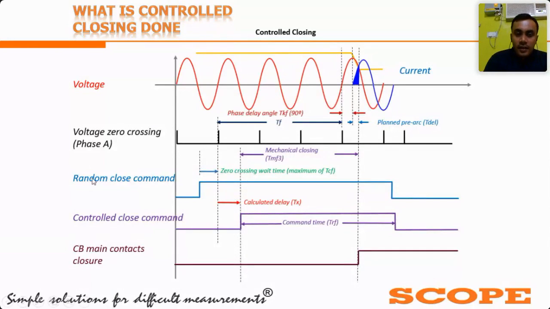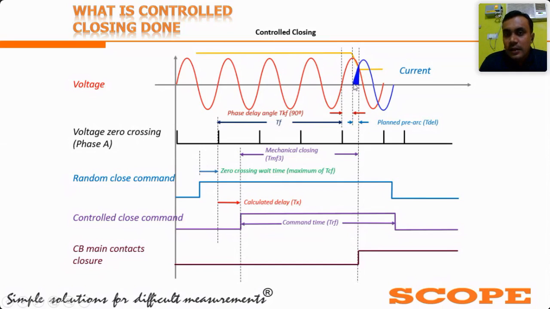Then, on the basis of the timing, whatever we have provided, the breaker timing in the CSD relay and the pre-arcing time, on that basis, it will decide that after voltage rising, when it should give the command to perform the closing operation at voltage peak, because it is our desired location.